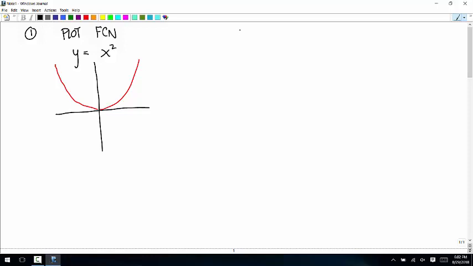The second one was to calculate the slope of the line that went through the points (1, 2) and (4, 3).